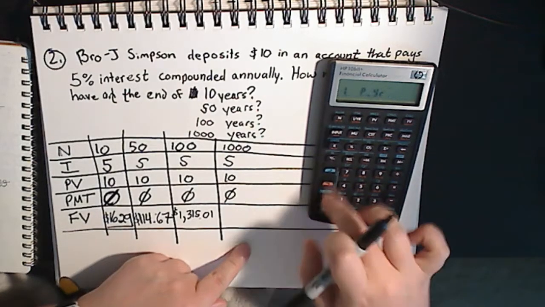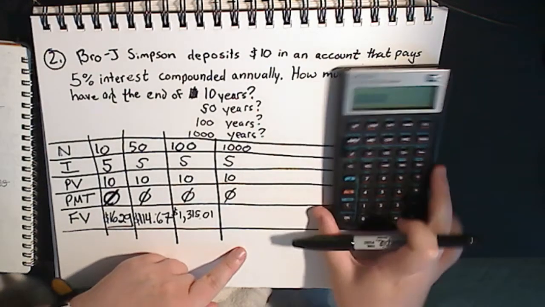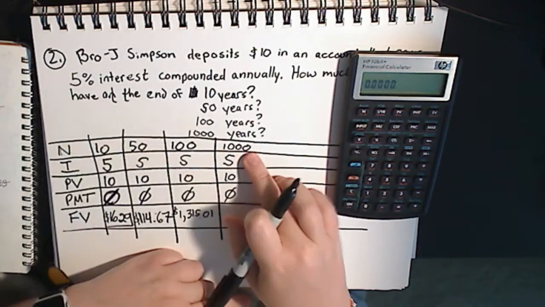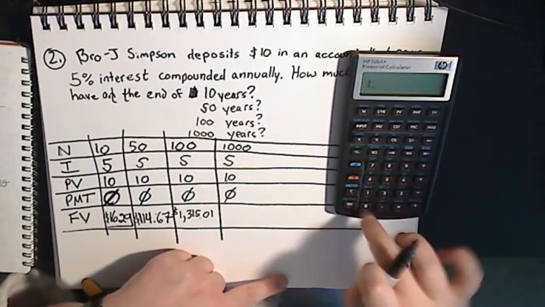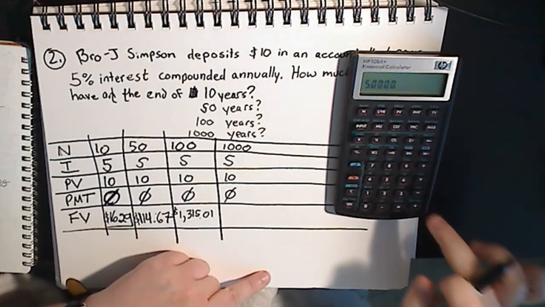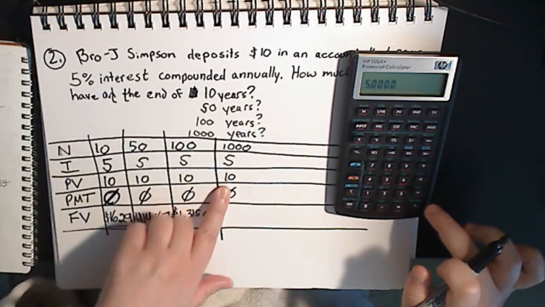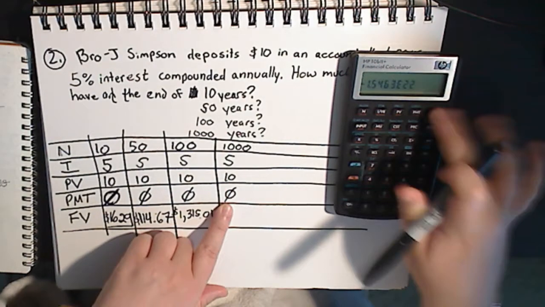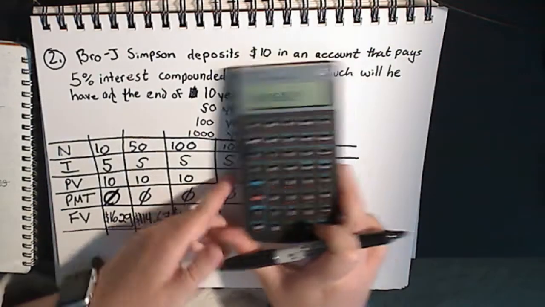Okay, this is pretty straightforward now. Let's try it with an N of 1,000 years. So we have 1,000 is N, 5 is I, 10 is present value, no payment. What's the future value? What is this?